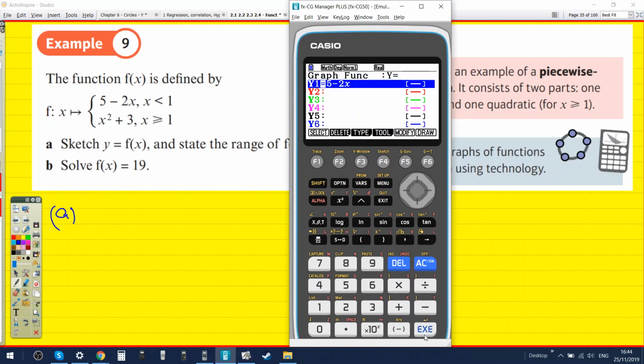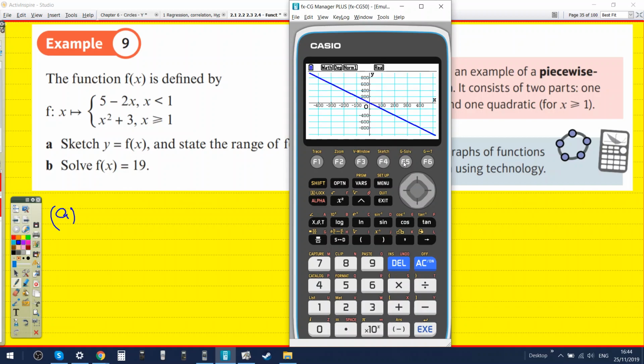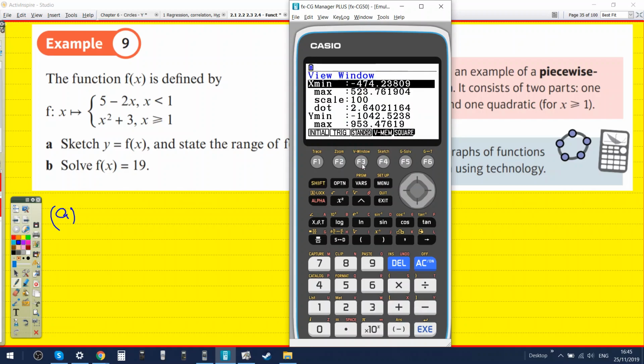And we can use that. So exit, execute. Oh no, that looks weird. I can press left. No, it's probably best. Shift, zoom, auto. Okay. I'll try zoom. No. Shift, view window.